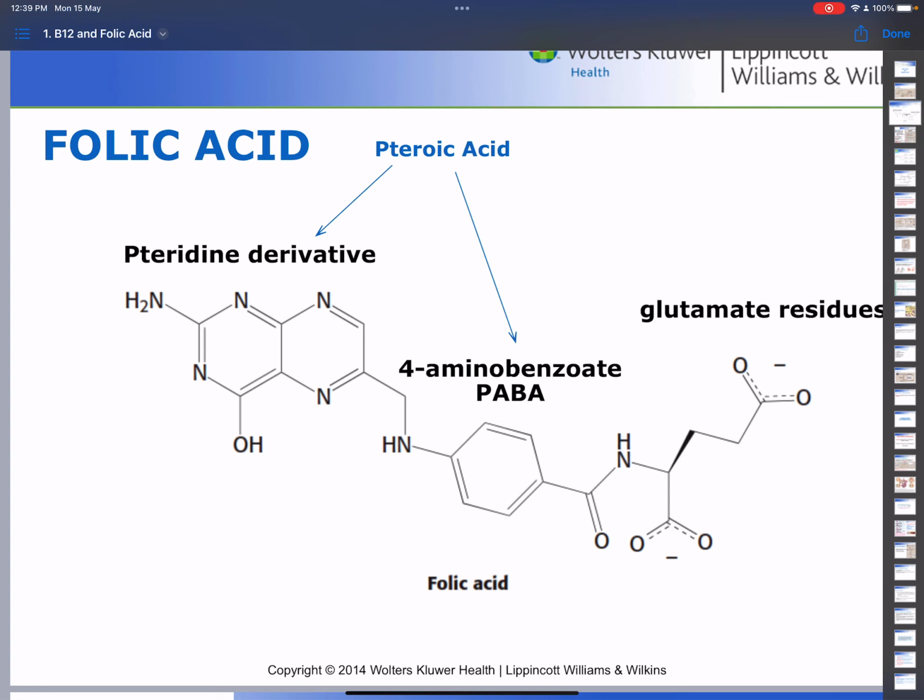So it consists of 3 molecules, and these 2 molecules are called pteroic acid. Pteroic acid, because it has pyridine derivatives and it has acidic behavior, that's why it's called pteroic acid. So totally, with the glutamate or more molecules, it will form what's called the folic acid molecule.